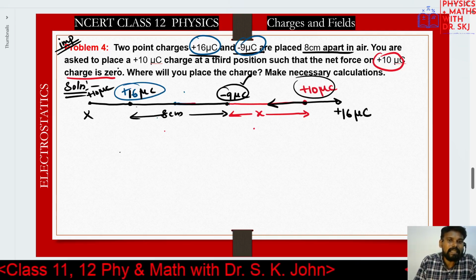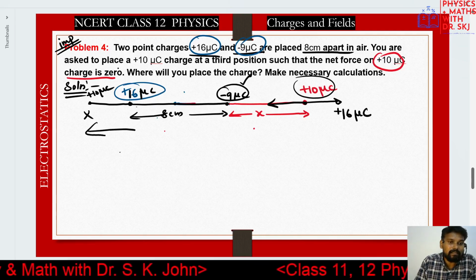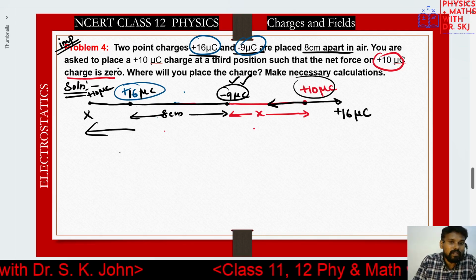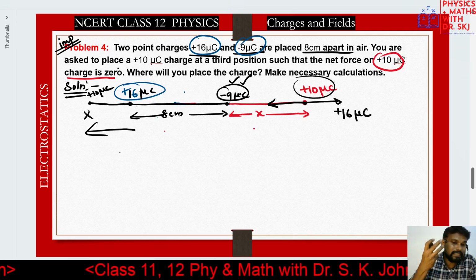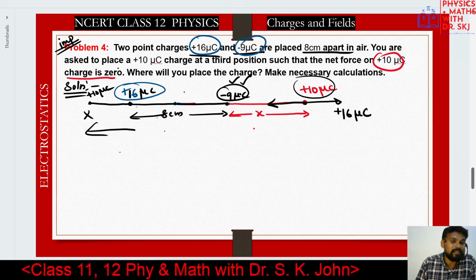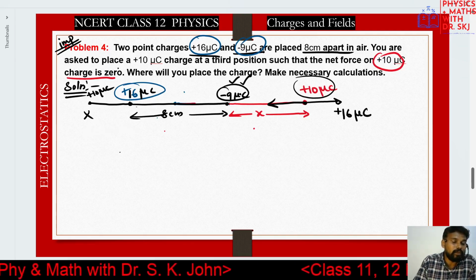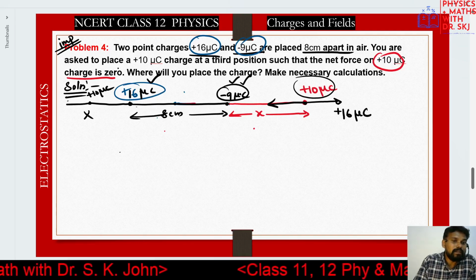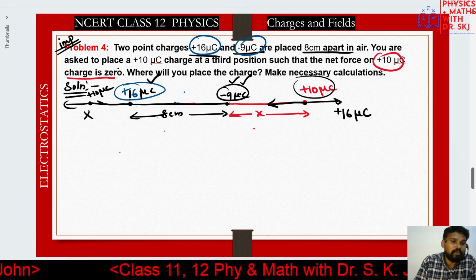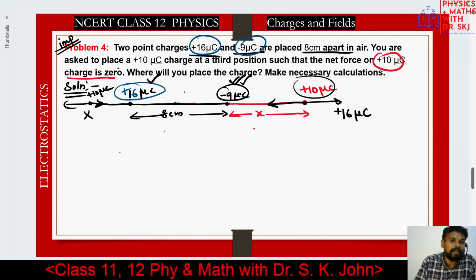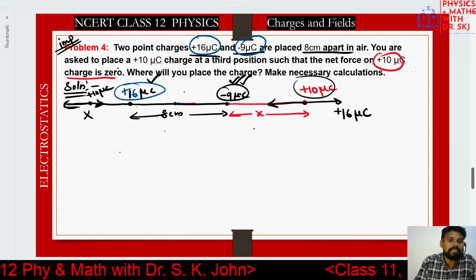But for the minus 10 microcoulomb charge, since it is smaller and the distance is larger, this side is not favorable. The force will be less. It cannot compensate the repulsion due to the 16 microcoulomb charge here, because the force of attraction due to this minus 10 microcoulomb charge will be much less as compared to the force of repulsion due to the plus 16 microcoulomb charge.